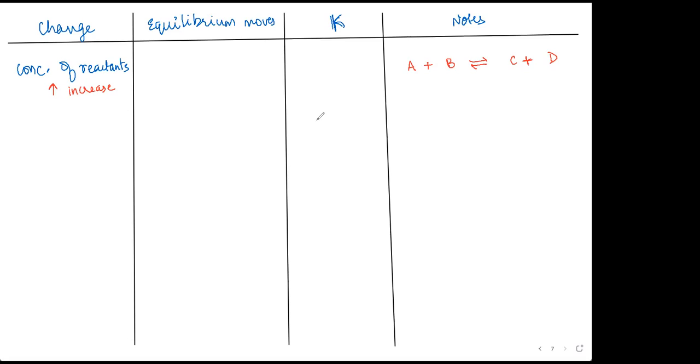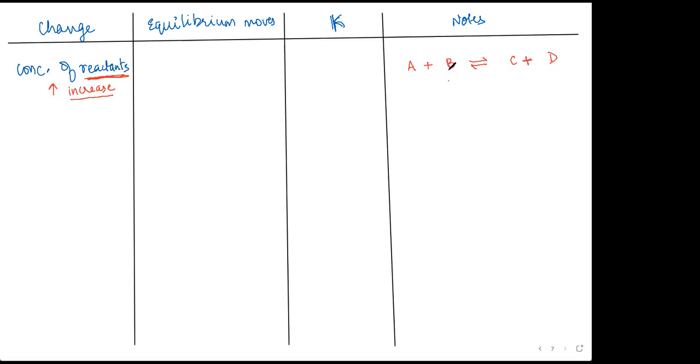Ma'am, you're increasing the concentration of the reactants only? Yes. Backward reaction will be favored. No, forward reaction will be favored.